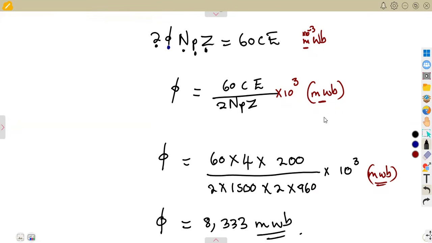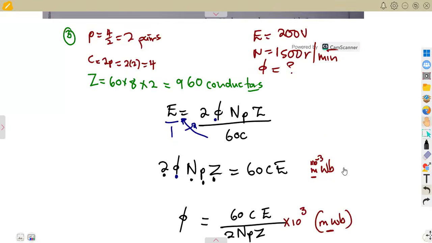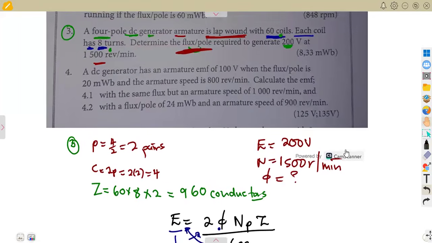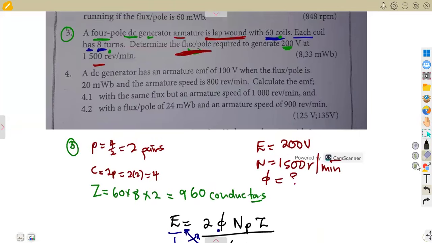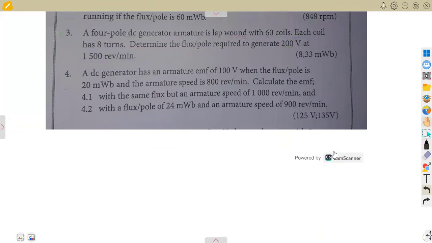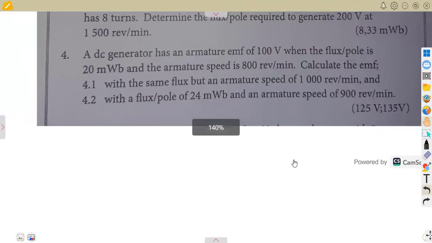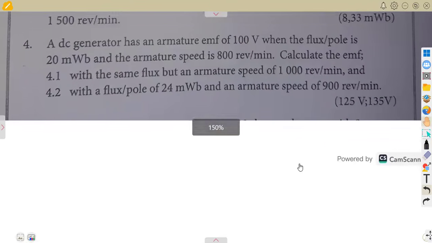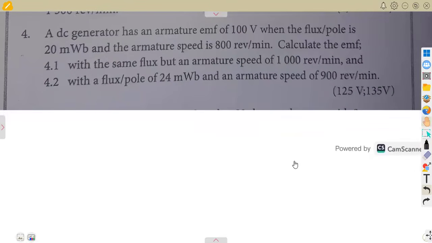So that is our useful flux. These are the typical questions that you might be given, where you need to apply the conditions of the questions, like how the question is given, the information.